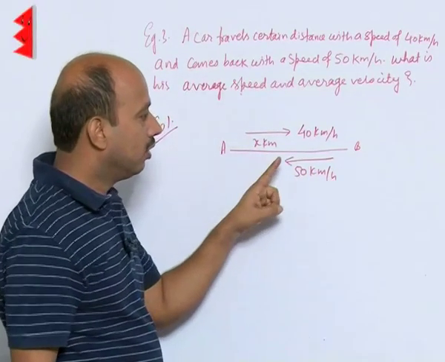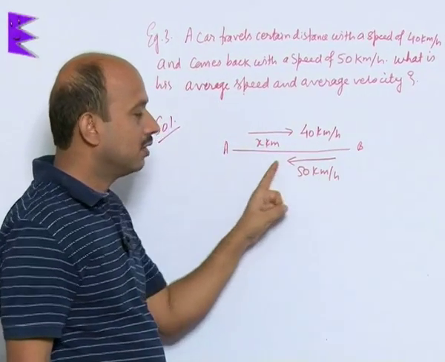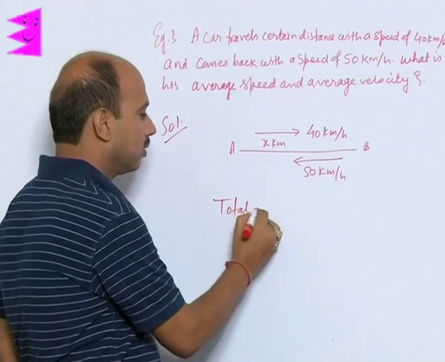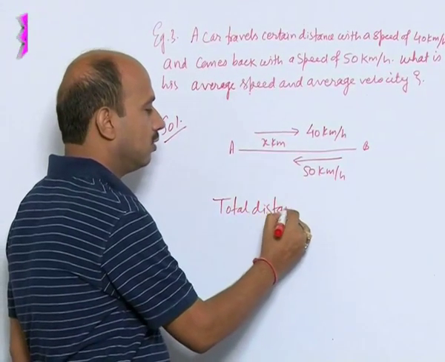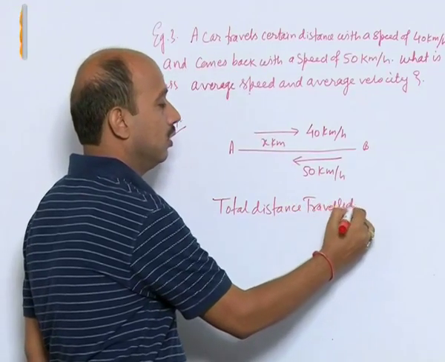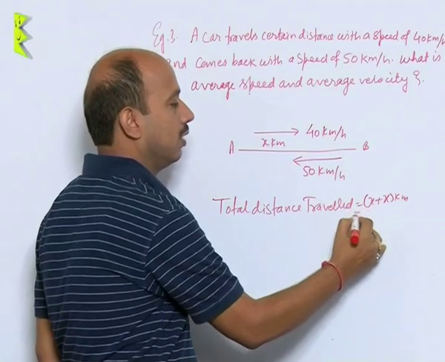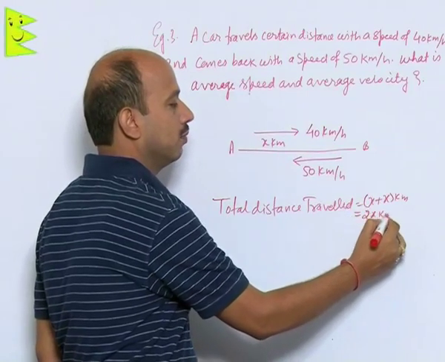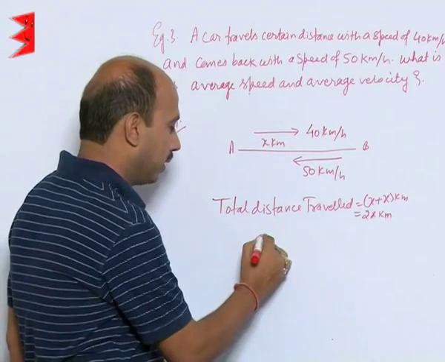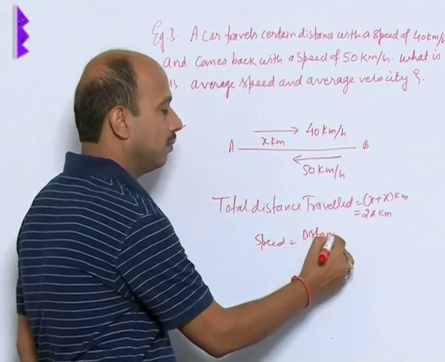So, now see here, while going we travel distance x, while coming back we travel distance x. So, you can find total distance. Total distance covered, or you can write travelled, is equal to x plus x kilometer, that is 2x kilometer. What is total time? So, now we know speed is equal to distance upon time.